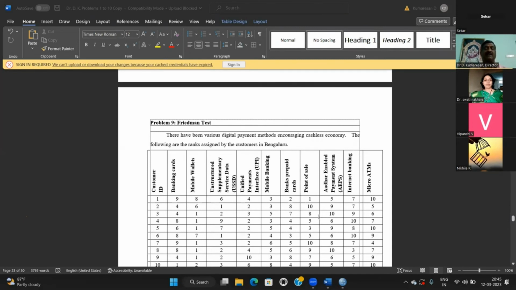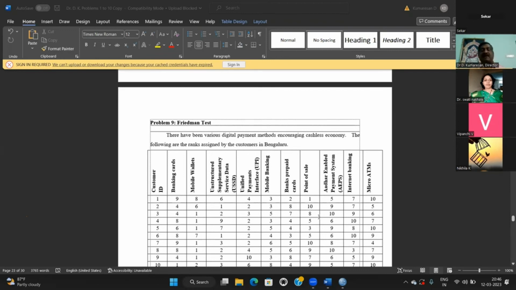Then come to another pair, one-way ANOVA and Kruskal-Wallis test. They are similar. In both cases, the number of samples is more than 2. But in the case of one-way ANOVA, the data is scale data.